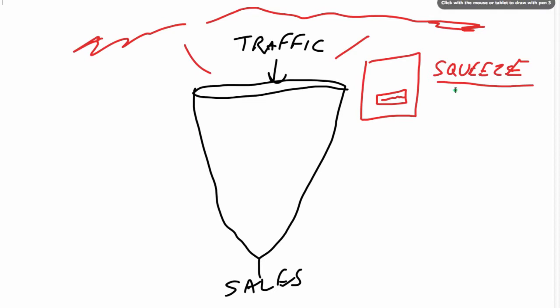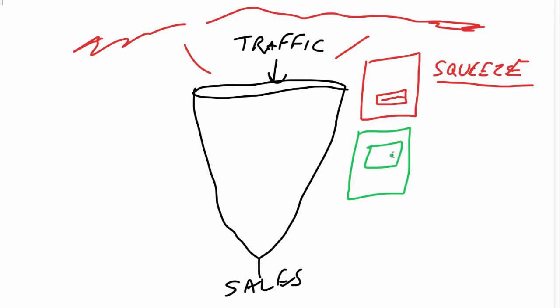From there, we go to what's called a sales page or a presentation page. Okay, now this one does not have an opt-in form. What this one has is either the long copy, sales presentation written out in text, or a video, or a combination of both, right?